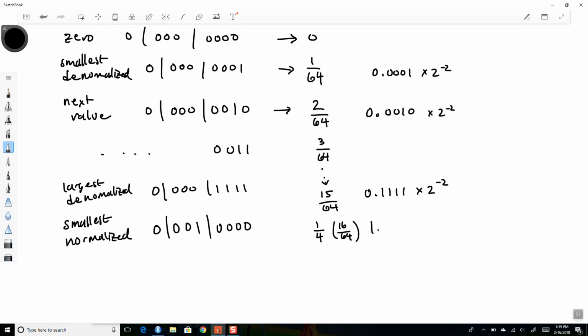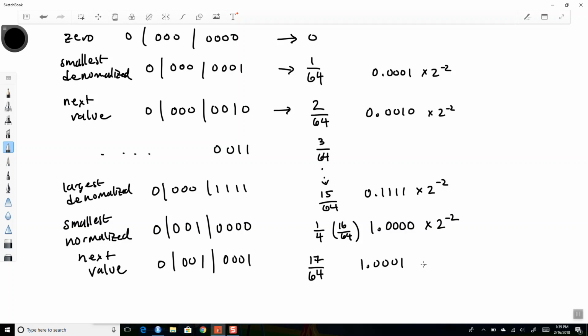This is 1.0000 times 2 to the negative 2. The next value would be 0, 0, 0, 1, 0, 0, 0, 1, which is 17/64, 1.0001 times 2 to the negative 2.